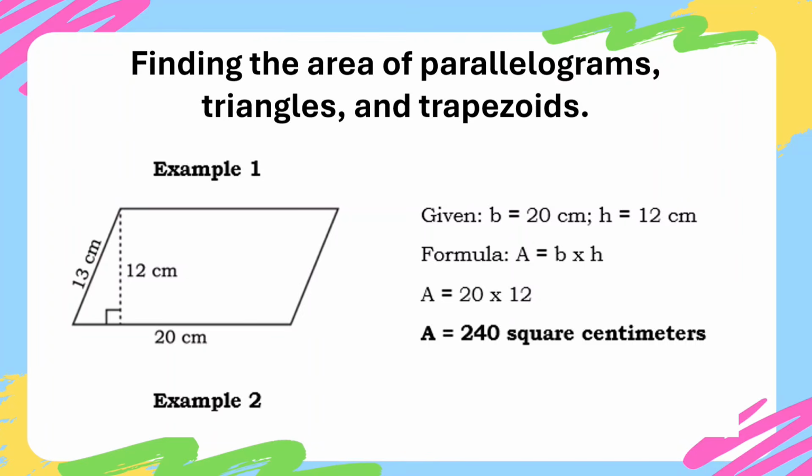The givens are, the base is 20 cm, the height is 12 cm, and our formula is area is equal to base times height. So, 20 times 12 is equal to 240. Therefore, the area of the parallelogram is 240 square centimeters.